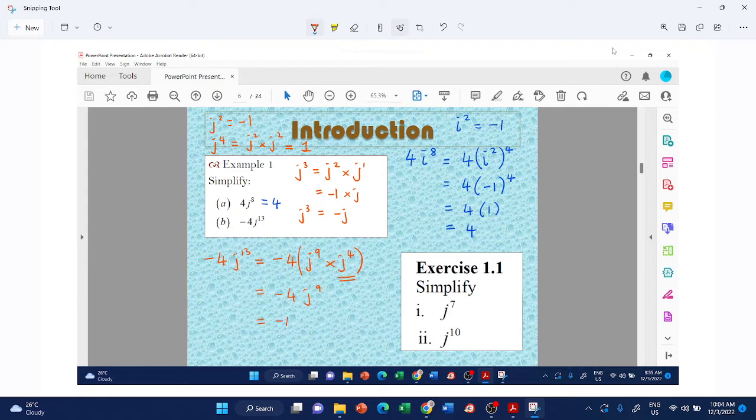For example, like J power of 3 times with J power of 3. Okay, kalau dia ada 2 base, power dia akan tambah. Kalau ada 1 base, power dia akan darab. So kalau you nak separate, buat macam ni. Boleh? Oh, okay. Boleh. Okay.